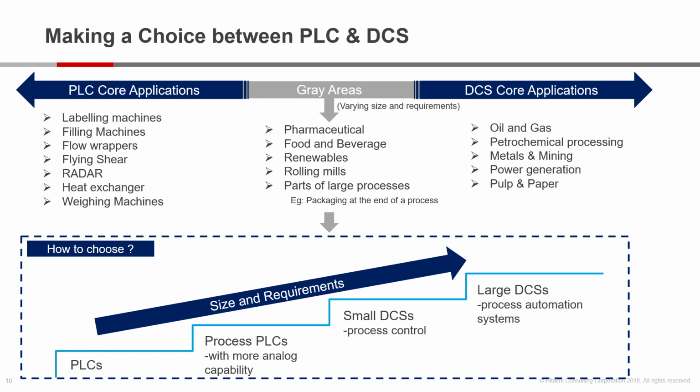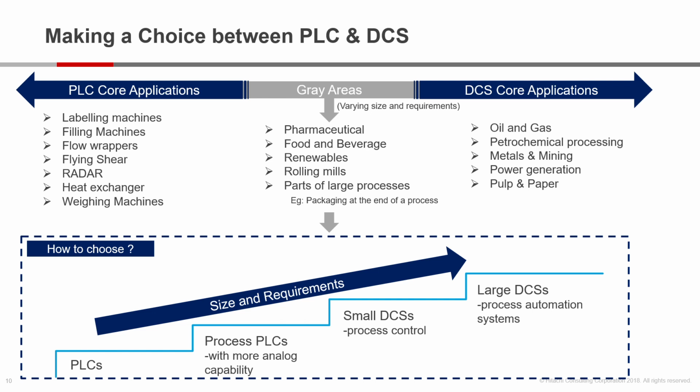So if you have a few PID controls, you can go for a process PLC as well. Then further stepping up, you can have small DCSs for process control, and if the size of your application is really large, you go for a large DCS, which is essentially a process automation system.